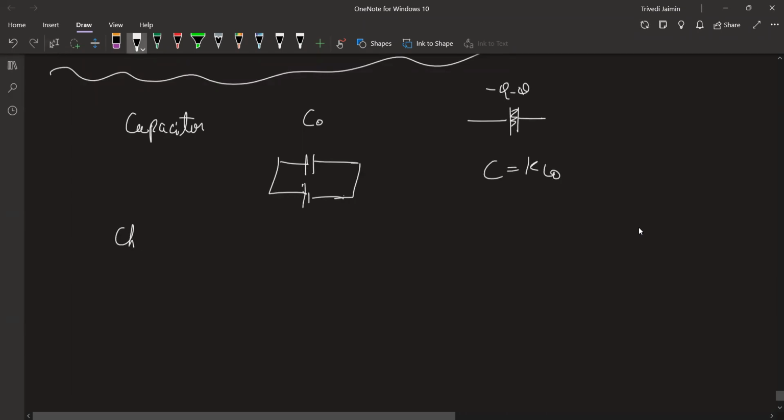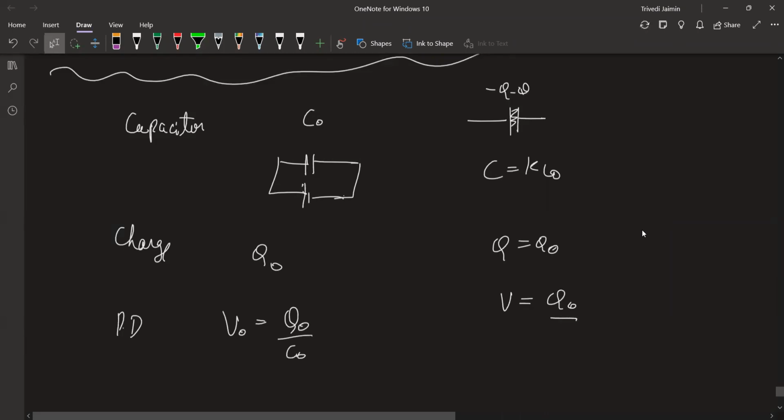Charge will be Q naught, it will be the same. Potential difference V naught equals Q naught by C naught. With the dielectric, it will be Q naught by K C naught, so V is V naught by K.